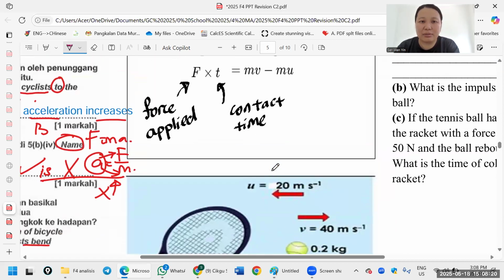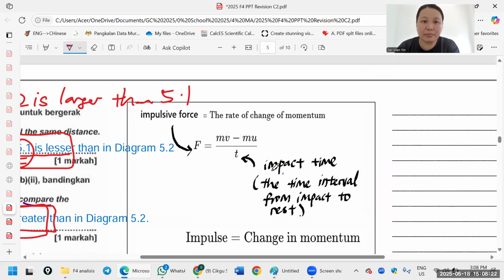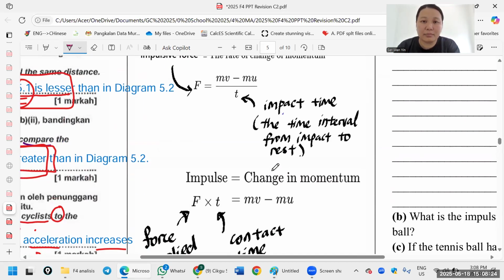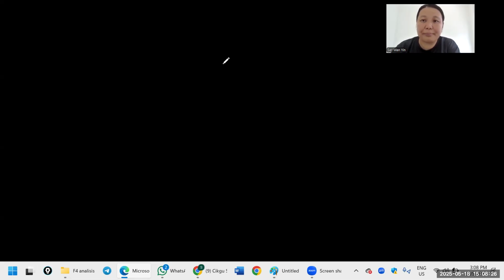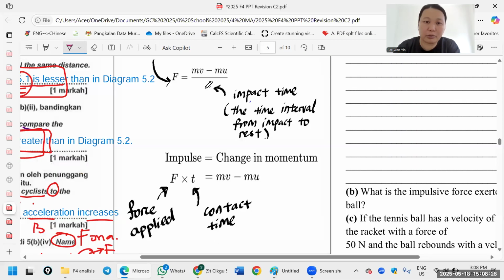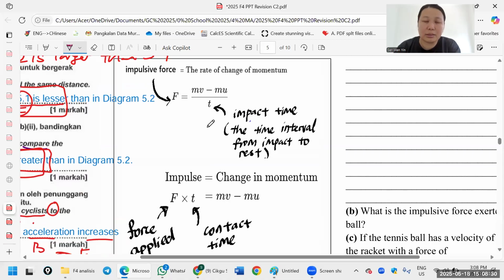Okay, now next. Be careful about impulse and impulsive force. Impulsive force is a force only, then t is here. We say this is the impact time. Impact time is the time interval from impact to rest, from when they hit until they rest.